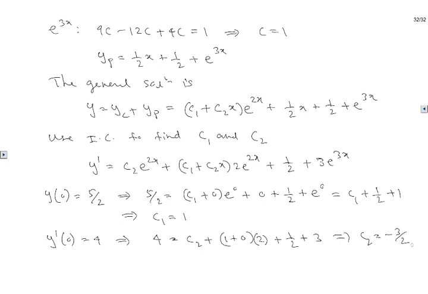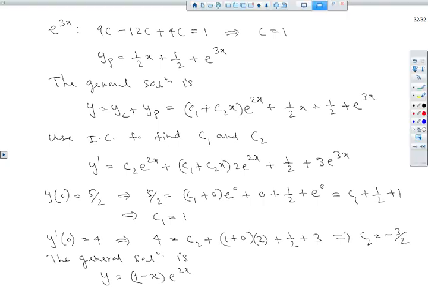Okay, so we have the c2 value, so therefore the general solution is y equal 1 minus x e to the 2x, actually not 1 minus x, it is different now.